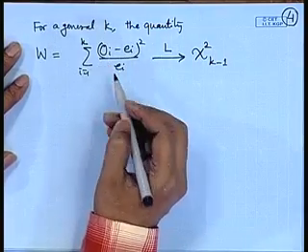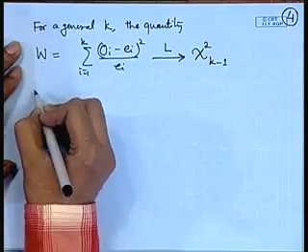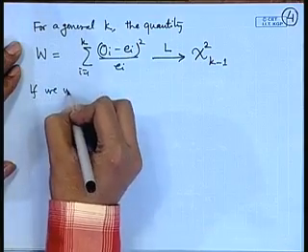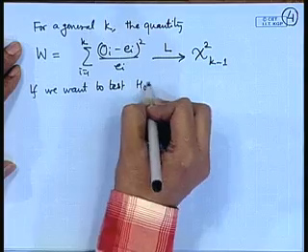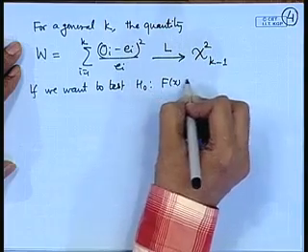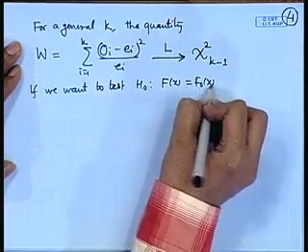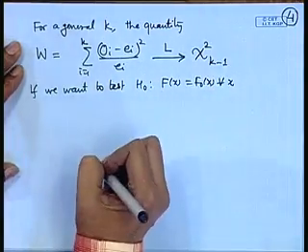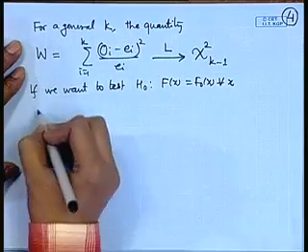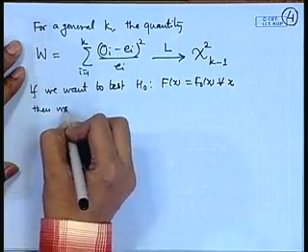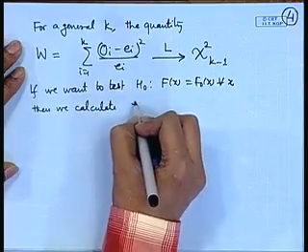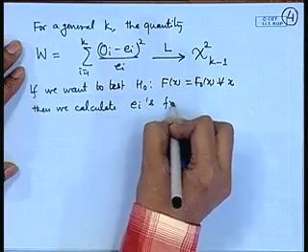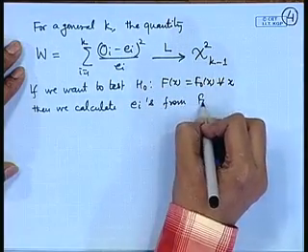So, if we want to test the hypothesis H naught: f of x is equal to f naught of x, then we calculate the Eis from f naught of x.